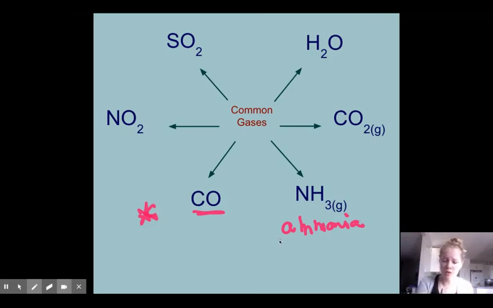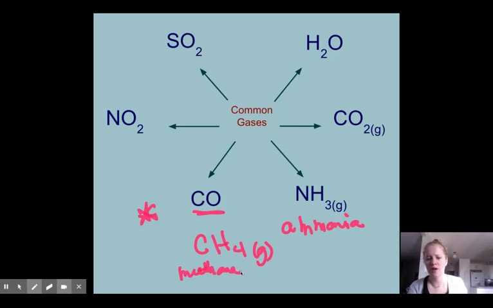Ammonium is NH4 positive, which is on your polyatomic sheet, but this is NH3, which is a gas. Sometimes you'll also see methane, which is CH4, which is also a gas. So these are common gases that might show up in skeleton equations.